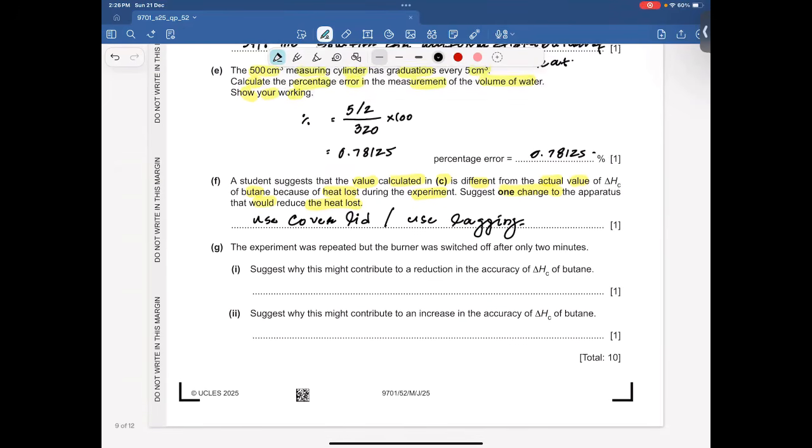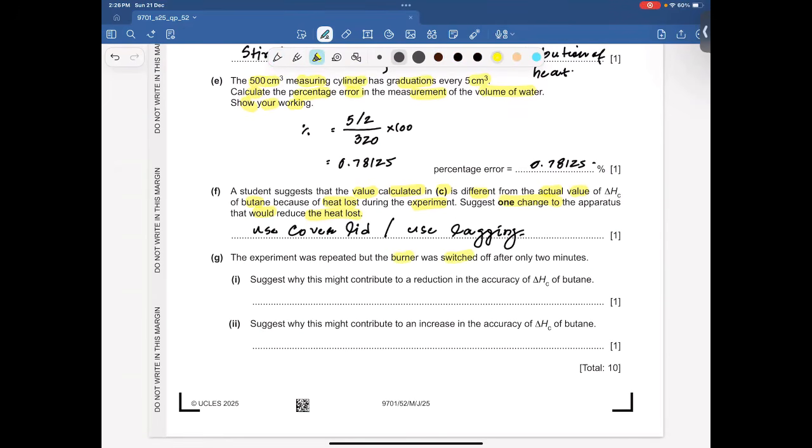The experiment was repeated, but the burner was switched off after only 2 minutes. Suggest why this might contribute to a reduction in the accuracy of the delta Hc of butane. Obviously, if you are reducing the accuracy, the percentage error increases.